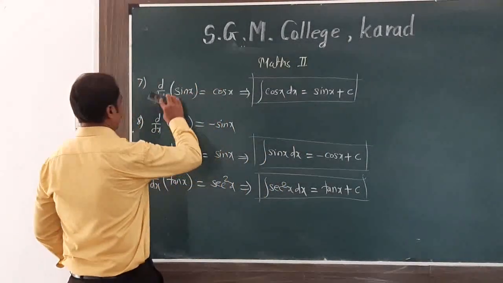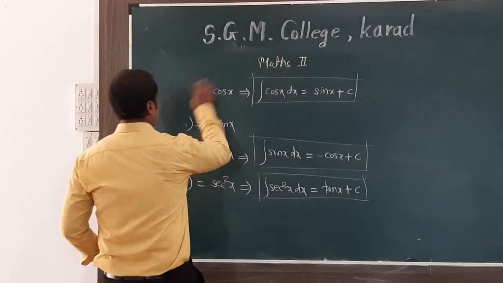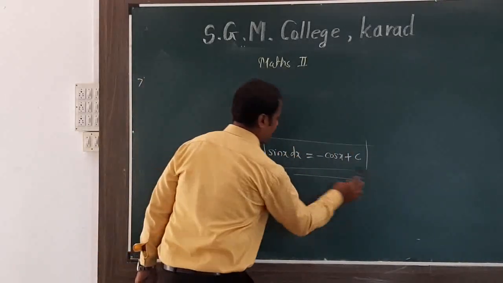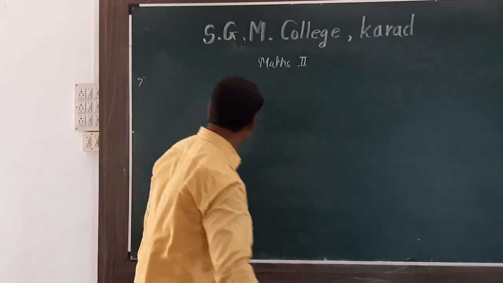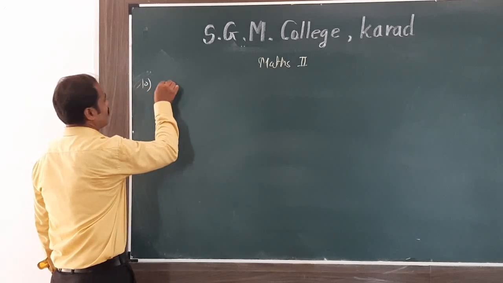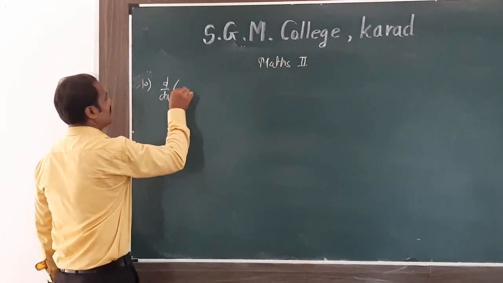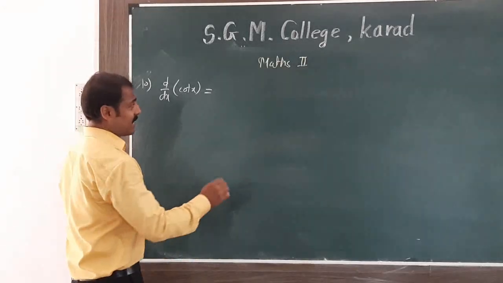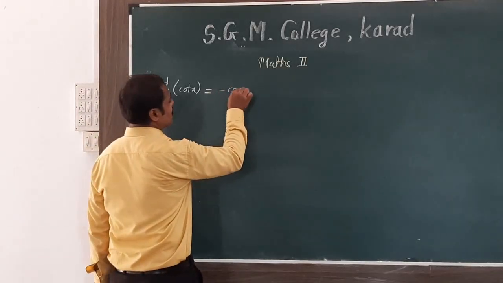Next, we know that derivative of also cot x, cosec x and sec x. So next formula is d/dx of cot x. Derivative of cot x is minus cosec square x.